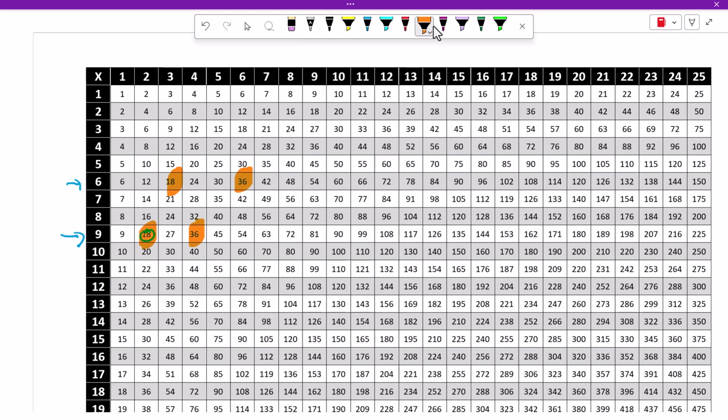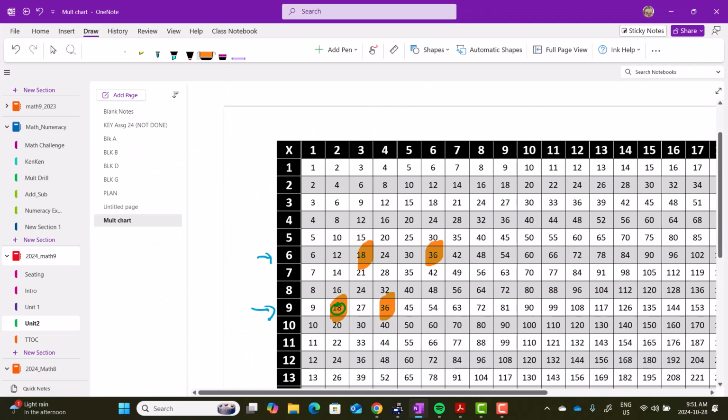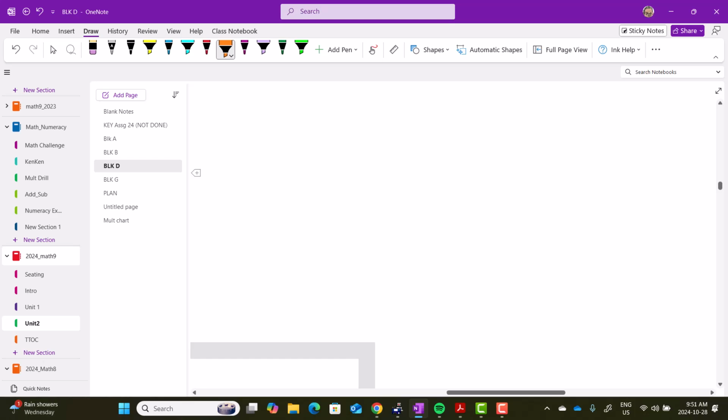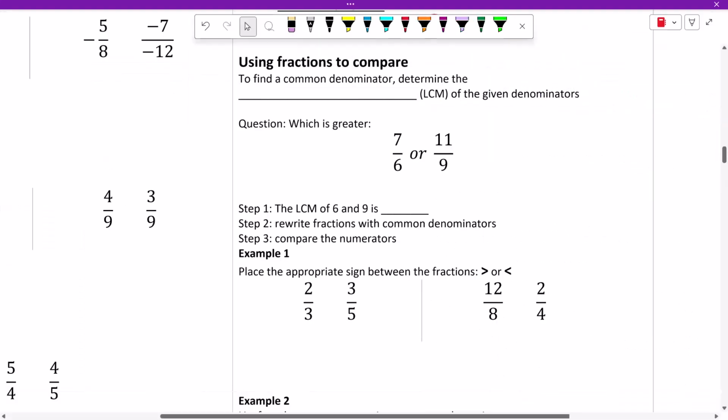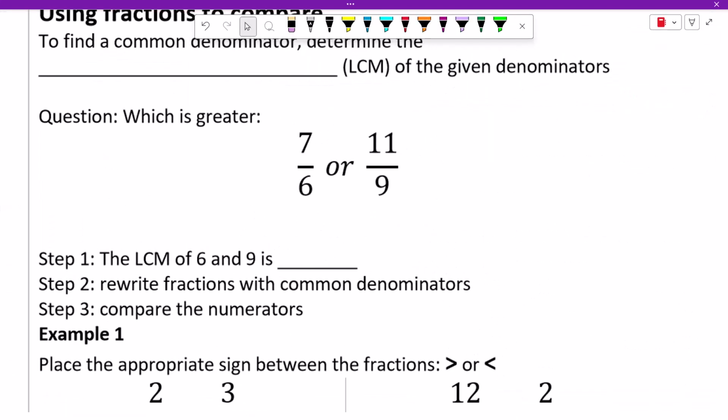So for the 6 one, we're going to times top and bottom by 3, and for the 9, we're going to times top and bottom by 2 to make the bottoms the same. So I have to multiply this one by 3 to turn it to 18, and I have to multiply this one by 2 to turn that into 18. 3 here, 2 there, and we write out the new fractions.